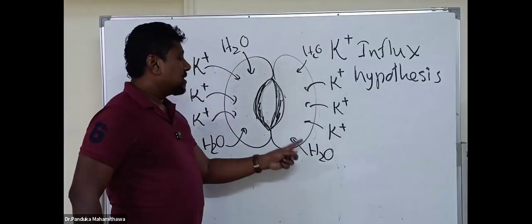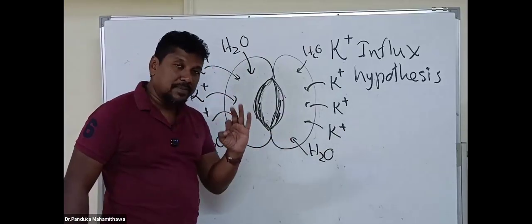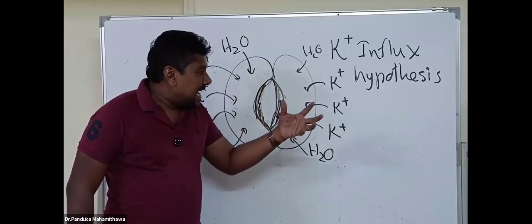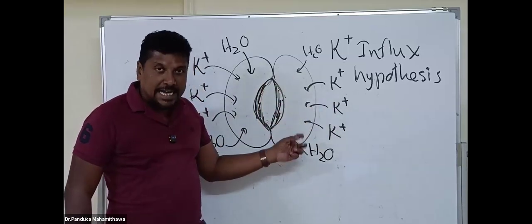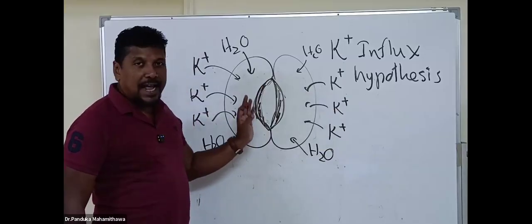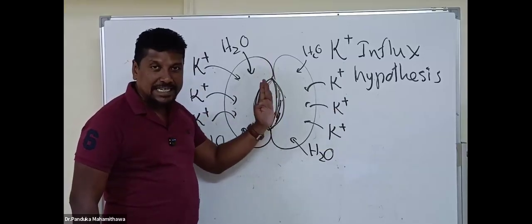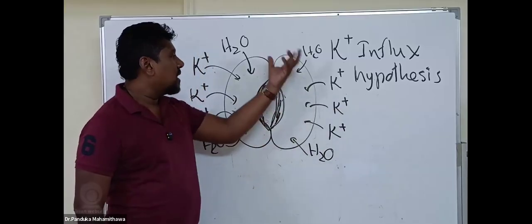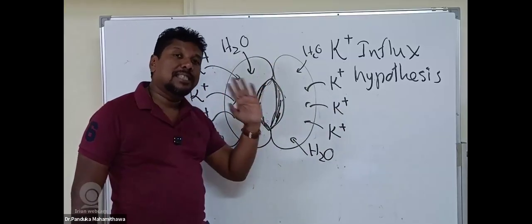Now, what happens in the morning? By spending energy, potassium is actively taken into the guard cells, and therefore solute concentration increases, water potential goes down, and therefore water is also absorbed from the surrounding epidermal cells.